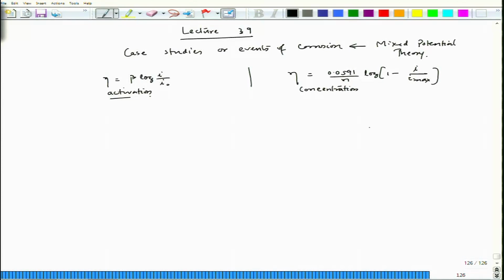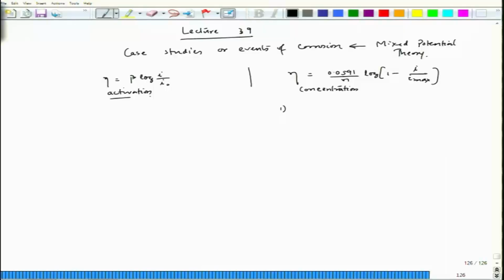Now, at this junction we would like to mention that we would consider cathodic polarization, not the anodic polarization, because the anodic polarization event is very uncommon. There are 2 possible reasons. One is that when you consider anodic polarization, there would have to be depletion of metal ions at the interface due to the corrosion event, but since it is anodic polarization, the metal is going into ion form.